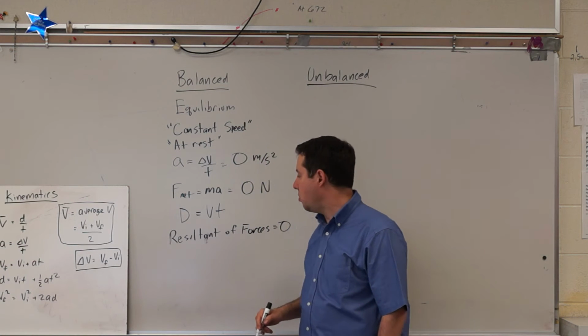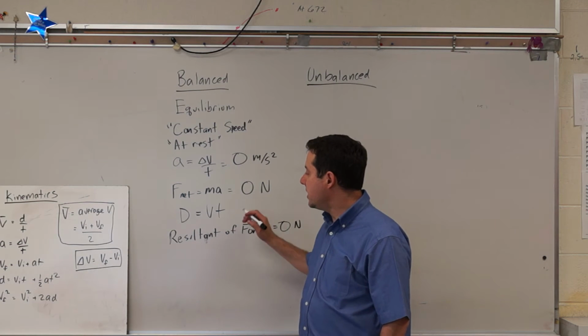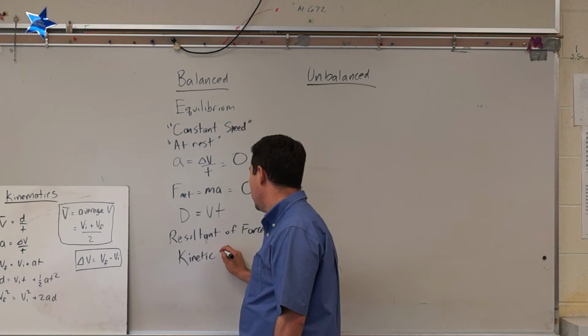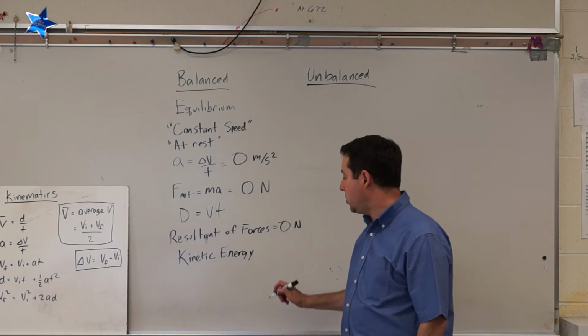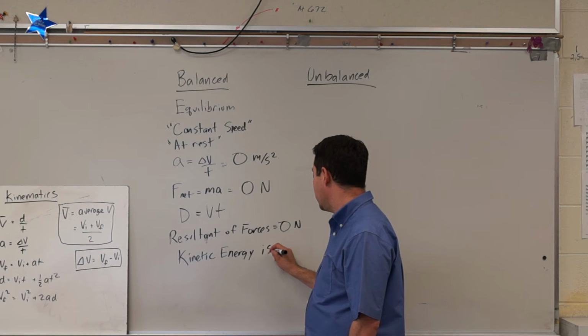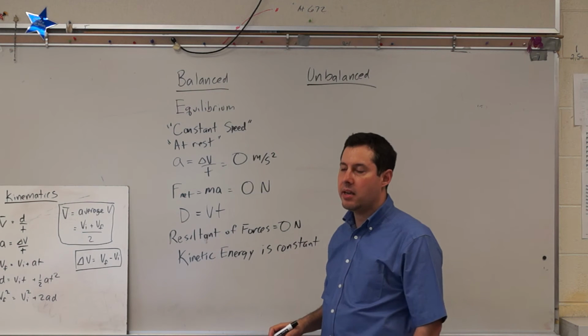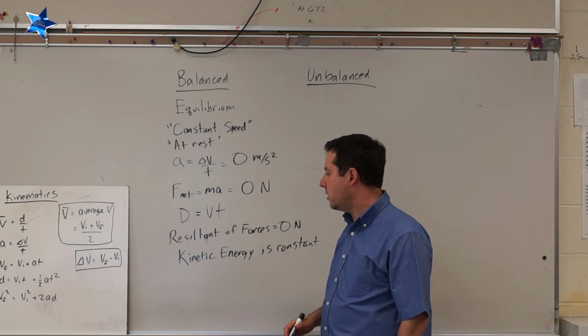That's one thing that's true when you're balanced. A couple other things. If your speed is not changing, your kinetic energy, which depends on your speed, is not going to be changing as well, so it's going to be constant. Anything that depends on speed, when speed doesn't change, is also going to be constant.